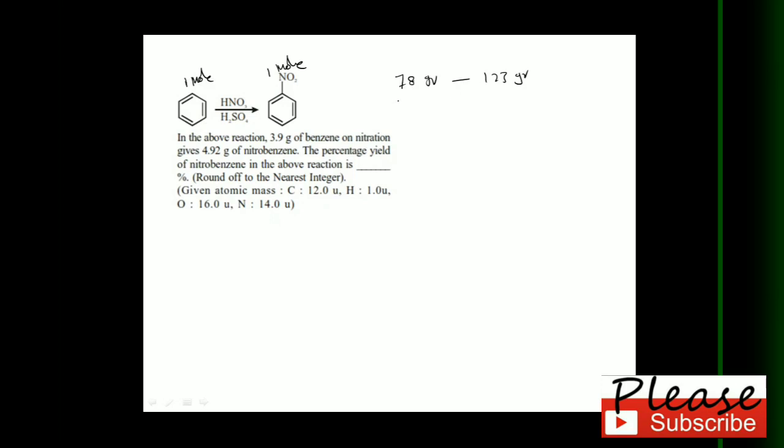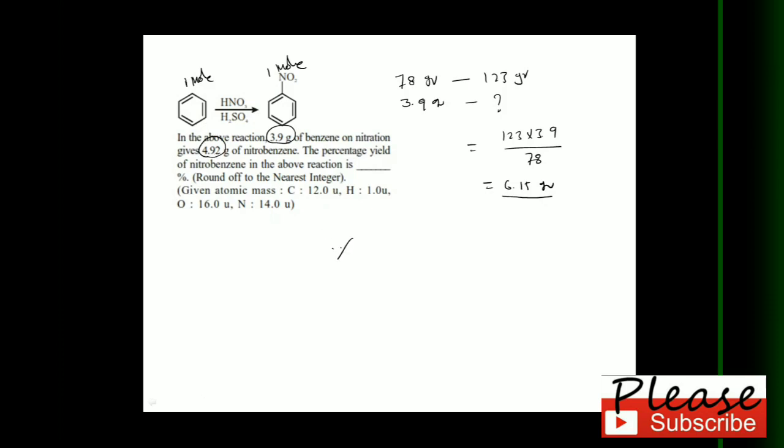Now if you take 3.9 grams of benzene, then what is the theoretical product of nitrobenzene? Equals 123 into 3.9 by 78, that equals 6.15 grams. So if you take 3.9 grams, you should get 6.15 grams of nitrobenzene. But actually we got during this reaction 4.92 grams of nitrobenzene.